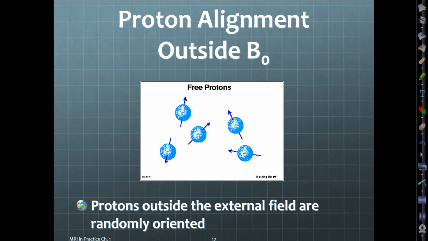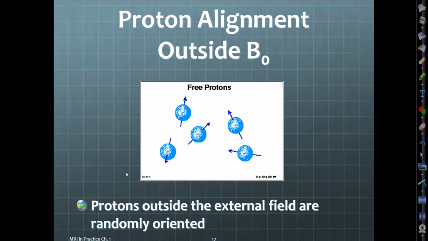But when we put them into a large scanner, which operates on what magnetic field strength? Not Gauss, but Tesla. And remember, 1 Tesla equals 10,000 Gauss, so very, very strong. So it will align these vectors.